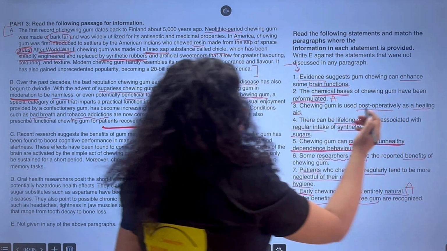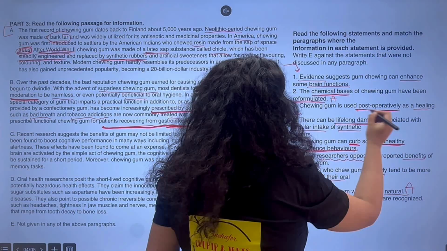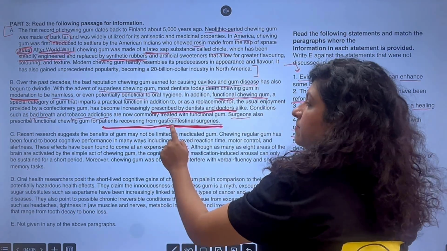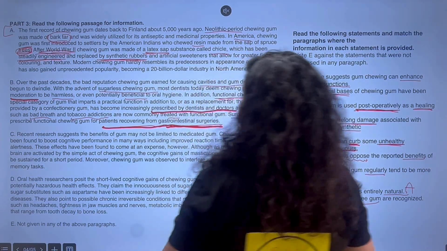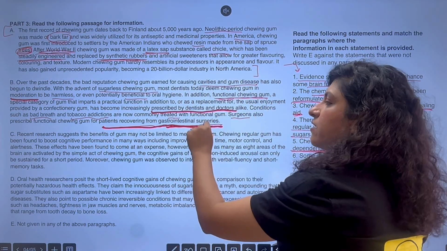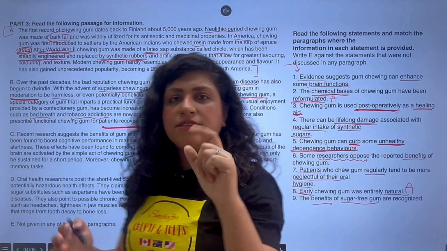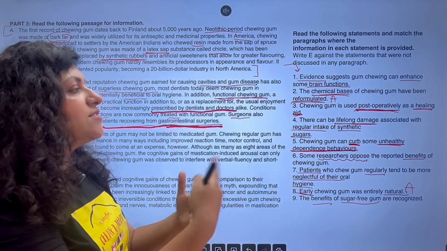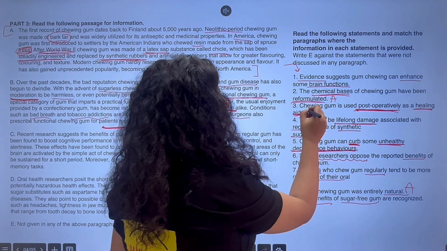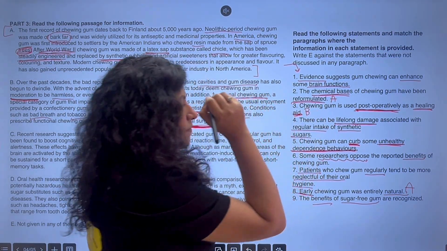So post-operation, after surgery, paraphrasing, healing aid, right? If they are prescribed for patients who are recovering from surgeries, that means as a healing aid, it's being prescribed after surgery. So definitely this information is there in B.